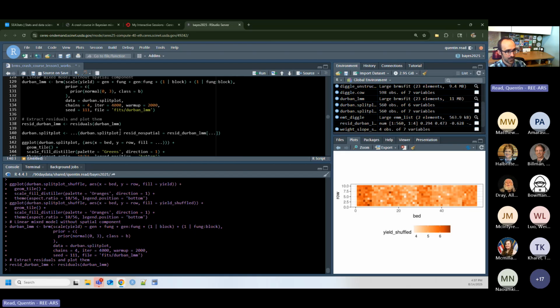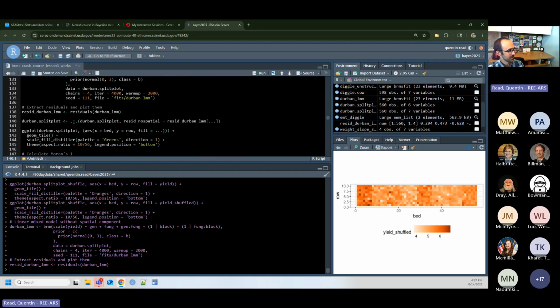Then we are going to add those residuals as a column onto our original data set so that we can plot them in the same type of map as we did for everything else. So I'm going to mutate the original data set, the Durbin split plot data set. I'm going to make a new column called resid_no_spatial, residuals from the model that ignores spatial variation.